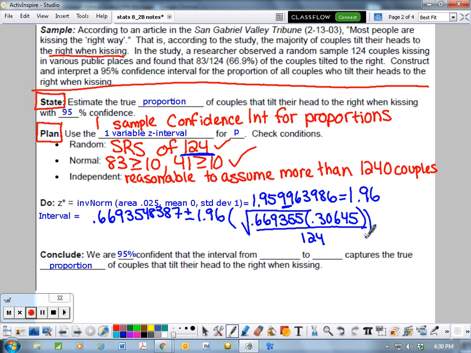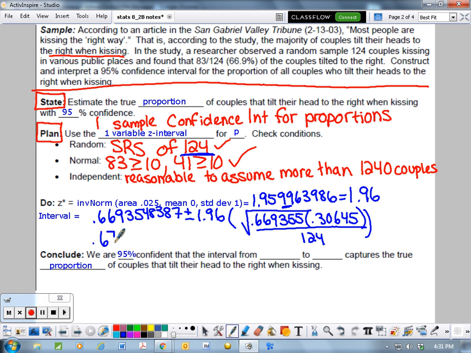So when I multiply that, I get 0.2213. I divide by 124. Then I square root the answer, which gives me 0.042247. I times by the 1.96, which now gives me this 0.083.